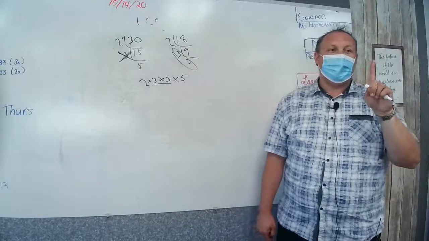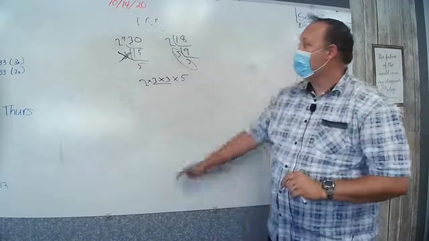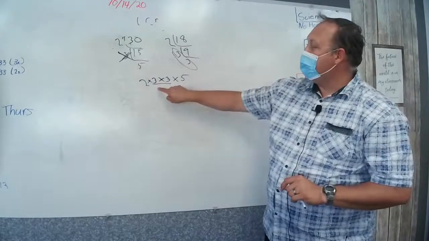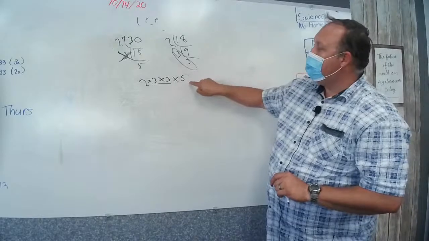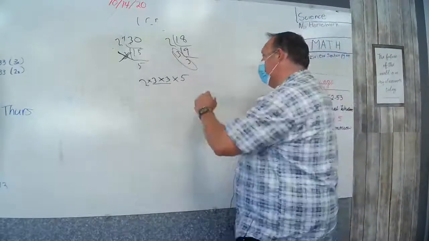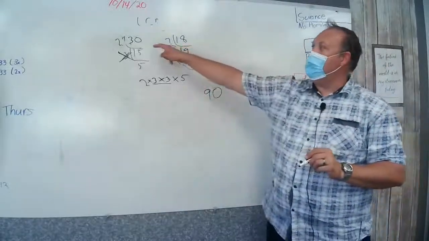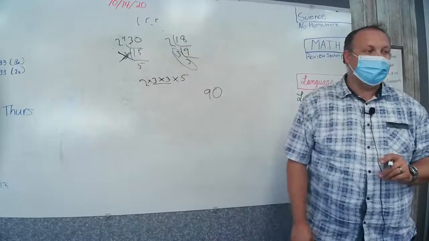Okay? So I only use one of them to put it right here. So I have 2 times 3 is 6, times 5 is 30, times 3 is 90. 90 is the smallest number that 30 and 18 will go into.